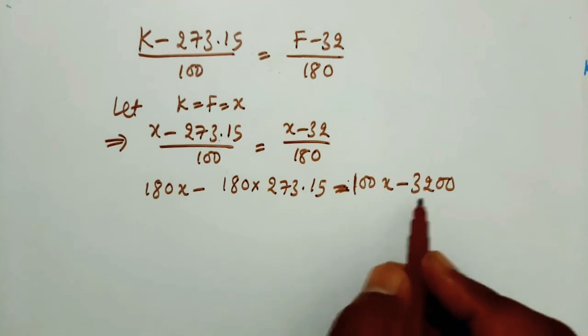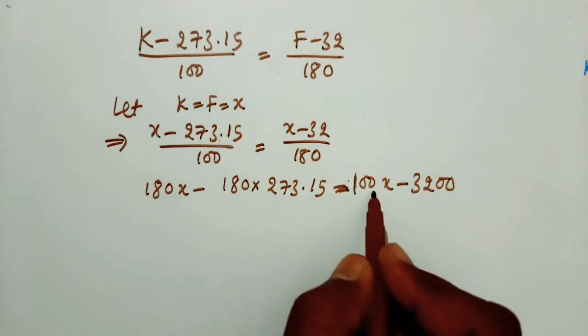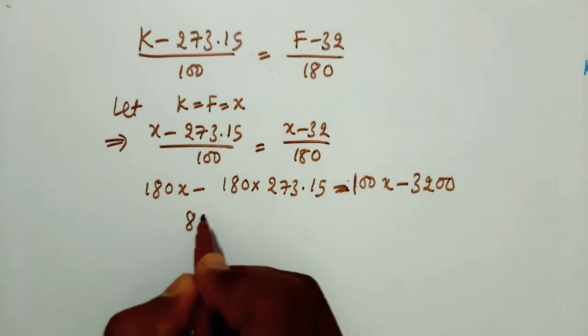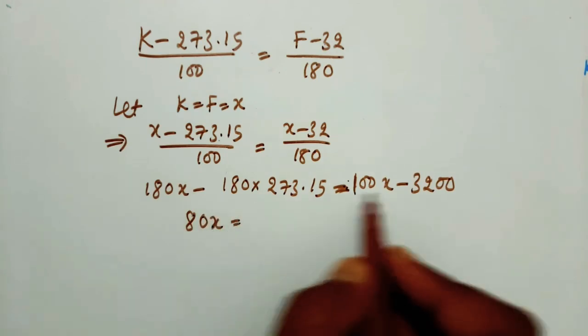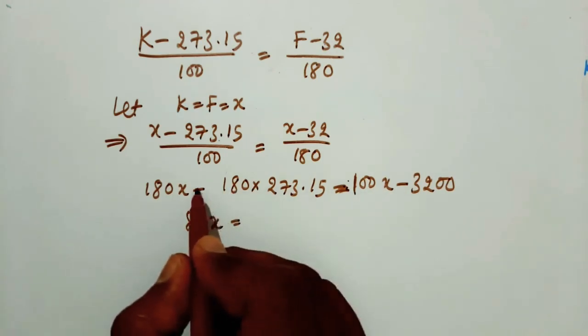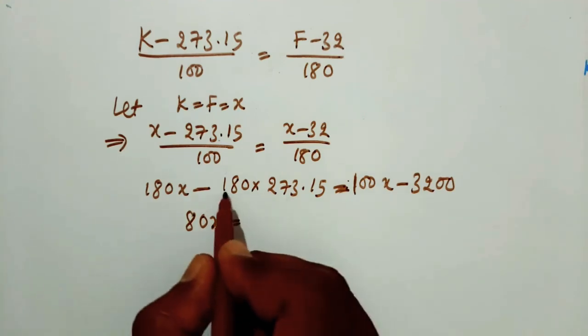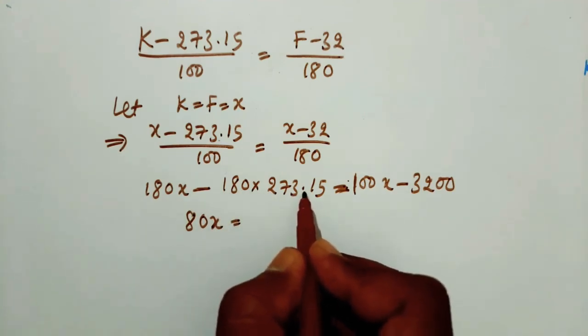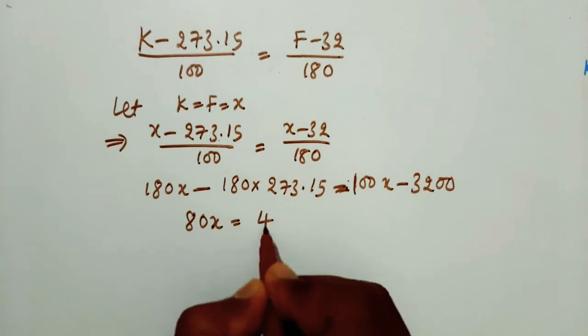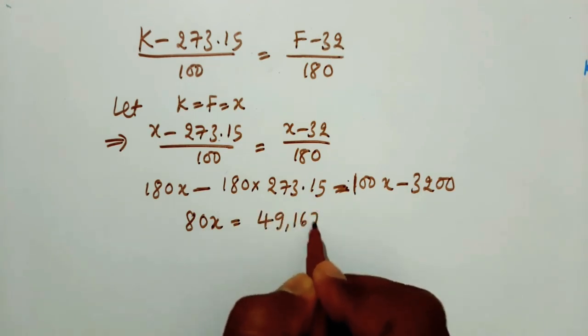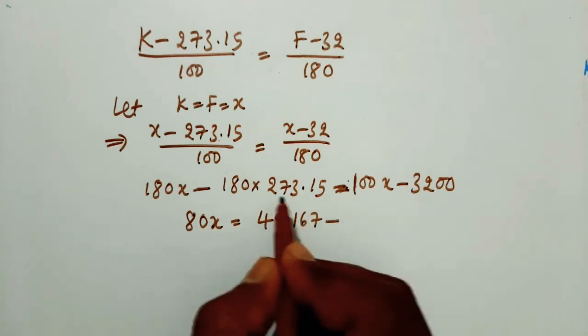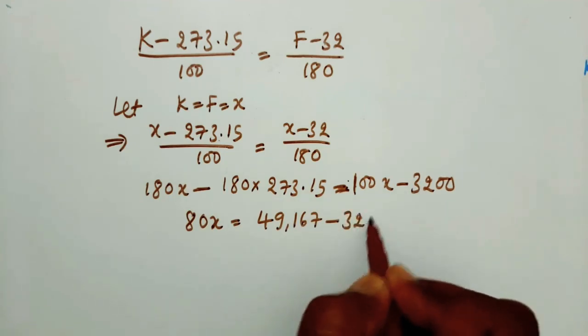So 180X minus 100X, that is 80X, is equal to 180 into 273.15, that is 49,167, minus 3200.